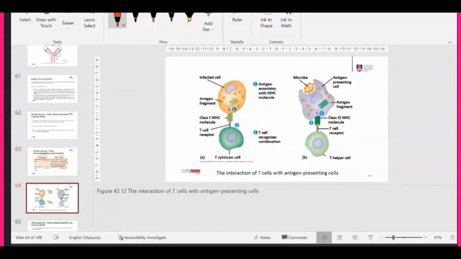So, kalau tengok kan, ni gambar rajah dia. Alright. Inilah dia perbezaan class 1 and class 2. Daripada gambar rajah ni, you can differentiate. Okay.